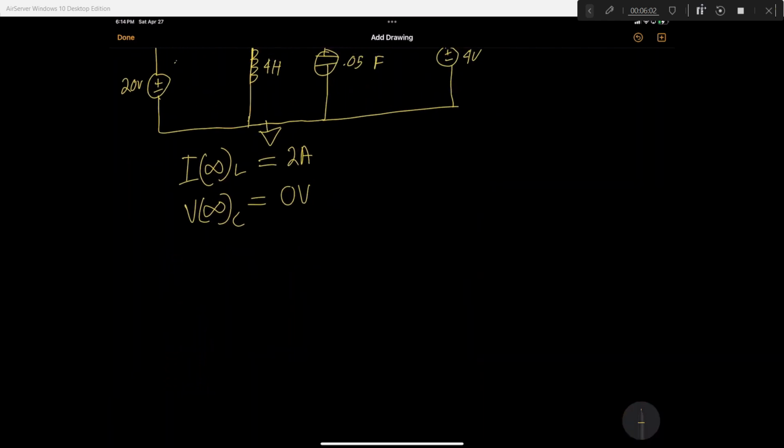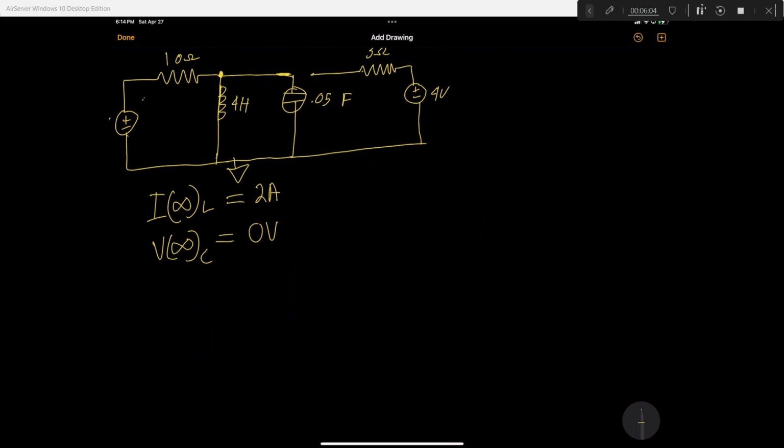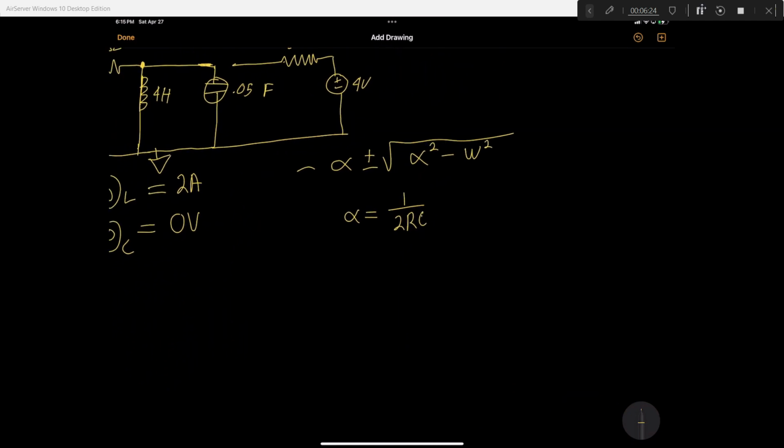Or, if you ever get a textbook, it'll tell you negative alpha plus or minus the square root of alpha squared minus omega squared. Alpha is going to be equal to 1 over 2 times the resistance seen by the capacitor times C. Omega will be 1 over root LC.